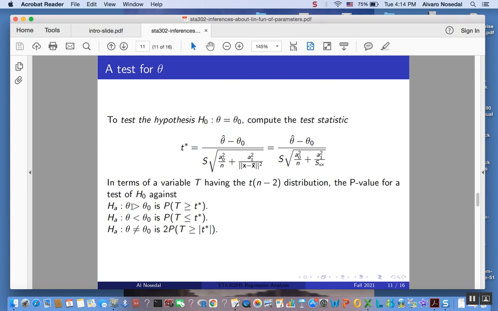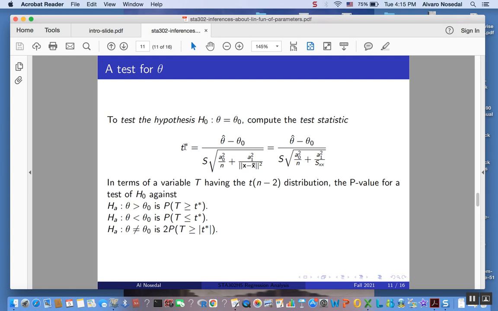So if you want to test H0, theta equals theta 0, against theta greater than theta 0, then note that the direction of that inequality matches the direction of the p-value. You want to find the probability that a t distribution with n minus 2 degrees of freedom is greater or equal to your test statistic t star.